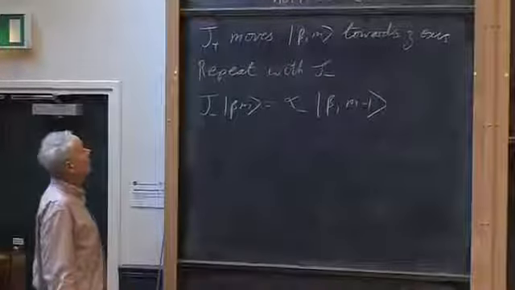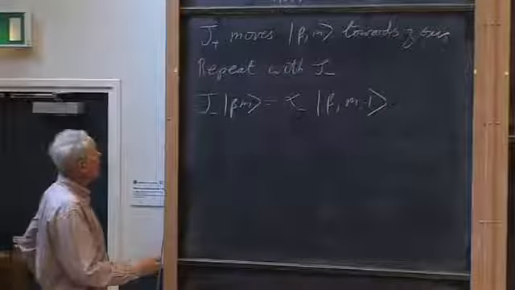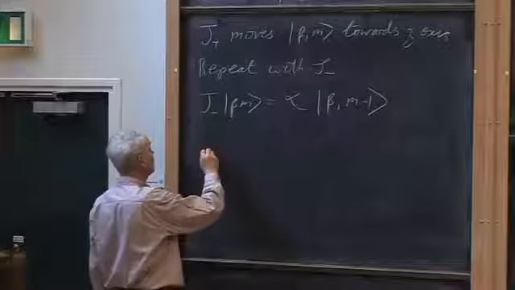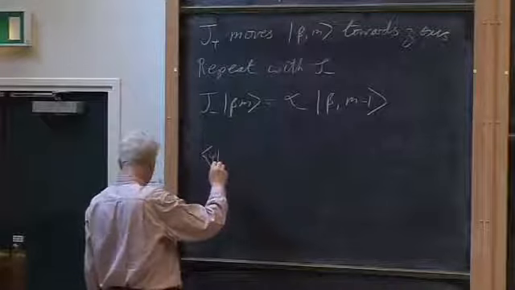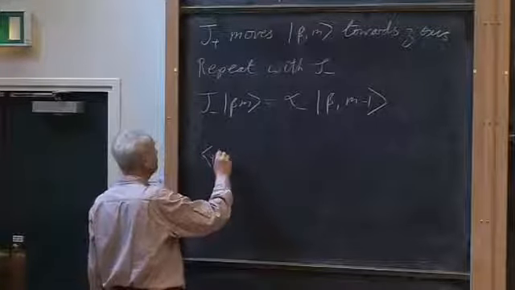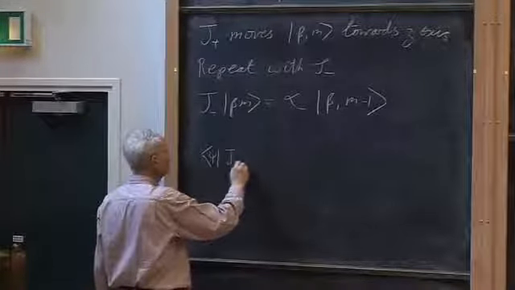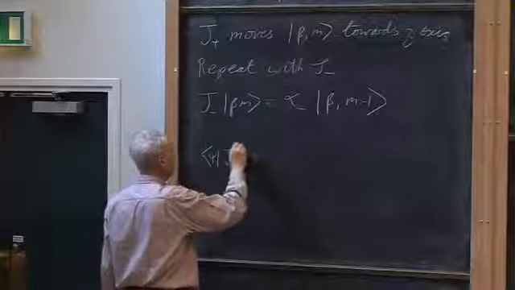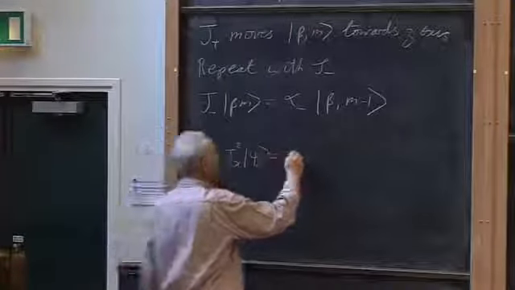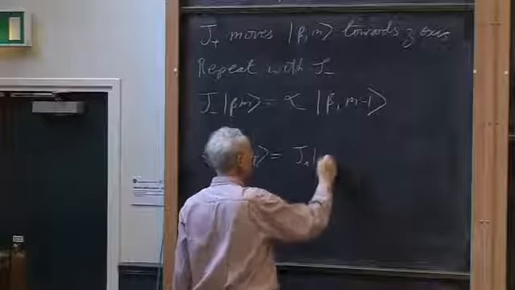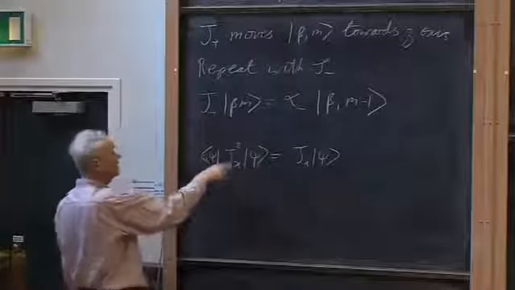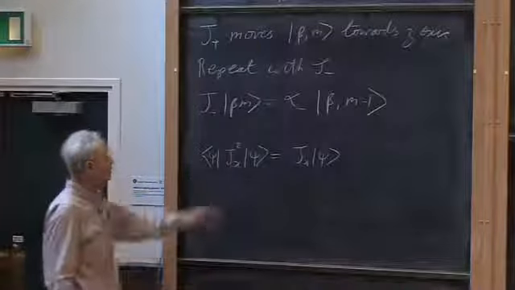Now, we have that the expectation value of, for example, jx squared is equal to the mod squared of jx of psi, for any state psi. So take any state psi and work out this expectation value of jx squared.